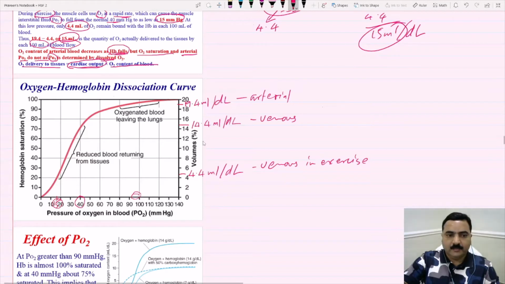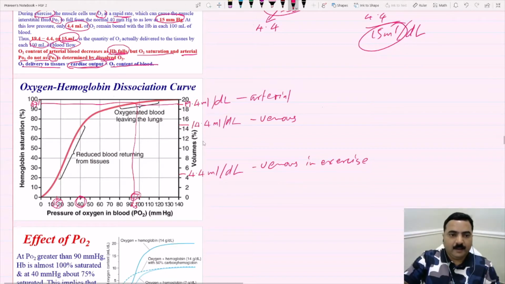So these are the various values you can see here. Let's put it as 95 here. At this point you get 19.4 ml, and the percentage saturation is approximately 97 percent.